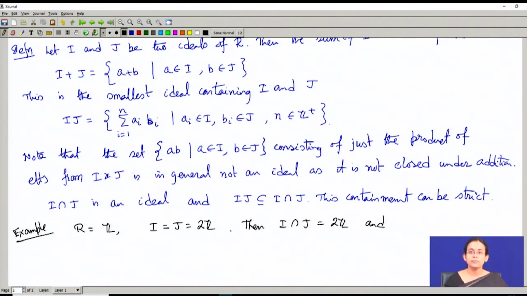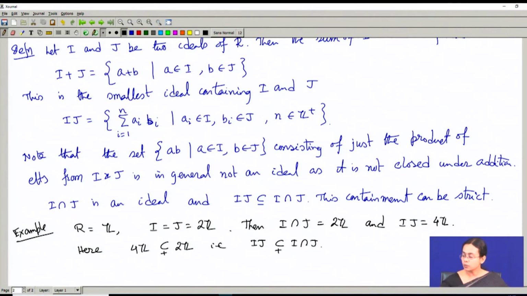If you look into the definition of IJ, this is the product of some element coming from I into some element coming from J. So, that means it is a multiple of 2 times a multiple of 2, so it will be a multiple of 4. So, this IJ is nothing but the ideal 4Z. Here you can see that this containment is strict, that means 4Z is strictly sitting inside 2Z. That is, in this case IJ is strictly contained inside I intersection J.